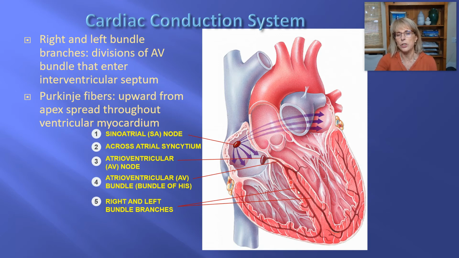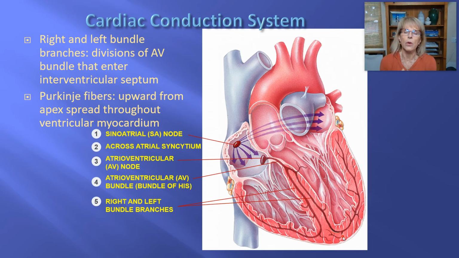Then the action potential zips down to the apex of the heart, and it's down at the apex that we start to get contraction. And now that contraction will spiral its way up. The ventricles have a lot of cells, though. Across the atria, the action potential just traveled from one myocardial cell to another.